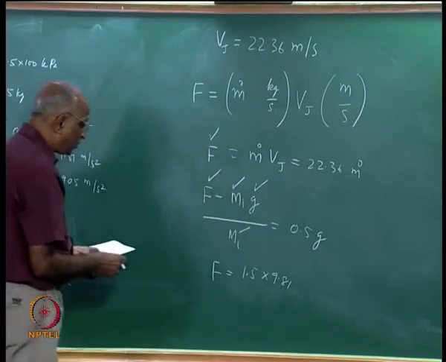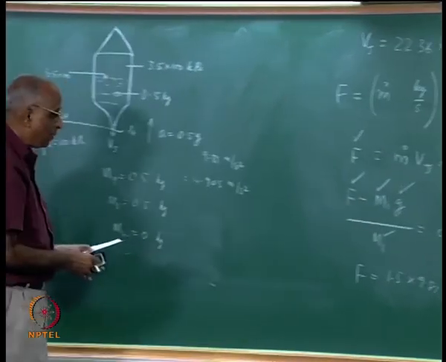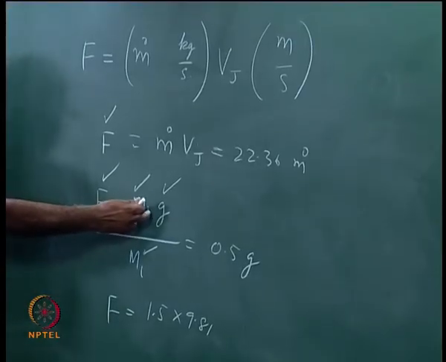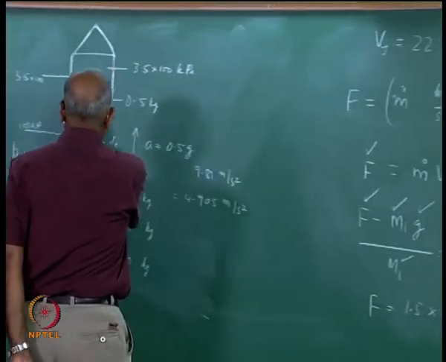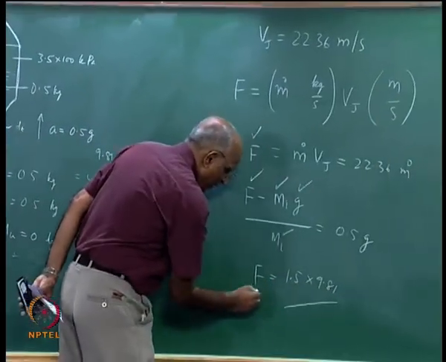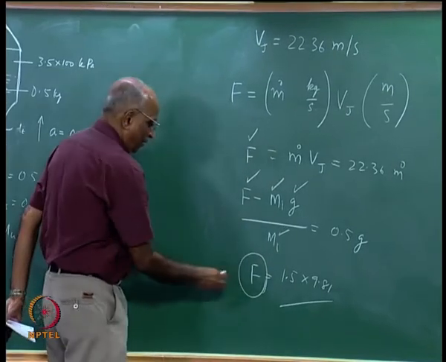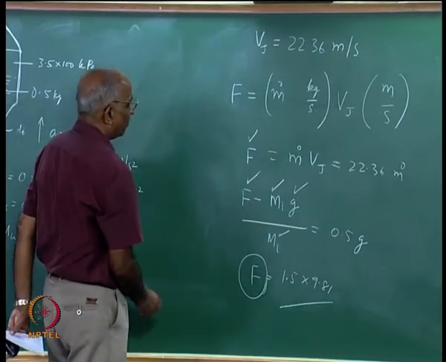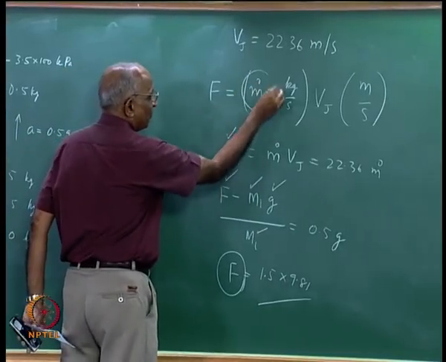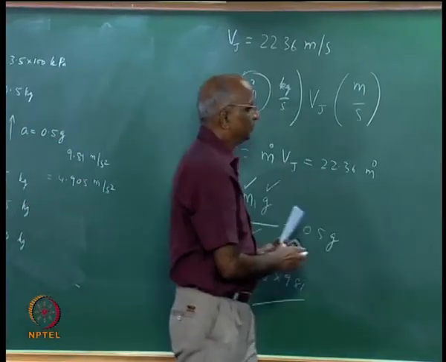Is there anything else missing? What is the value of mi we have got? See, we said mi is totally 0.5 plus 0.5, right, and therefore I can calculate the value of F, which is 1.5 into 9.81, I put it over here, and what I get is the value of m dot.